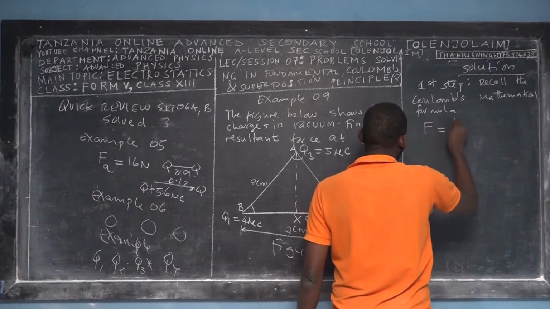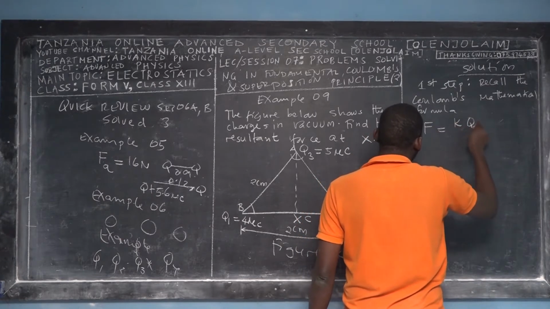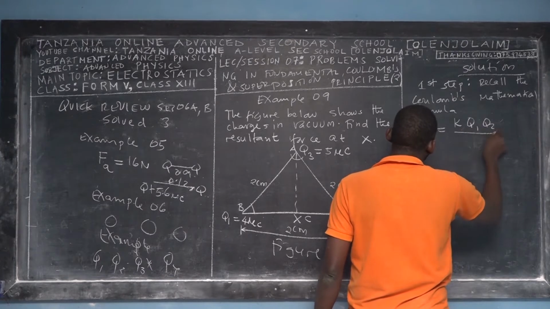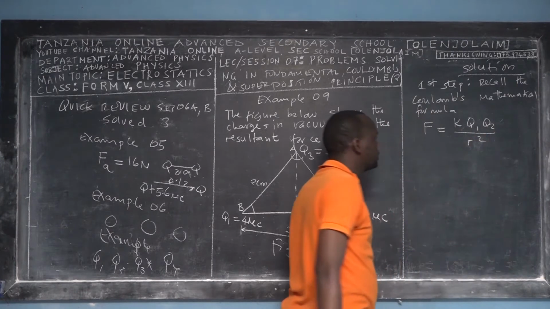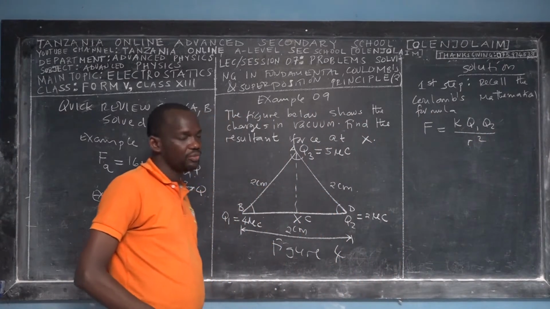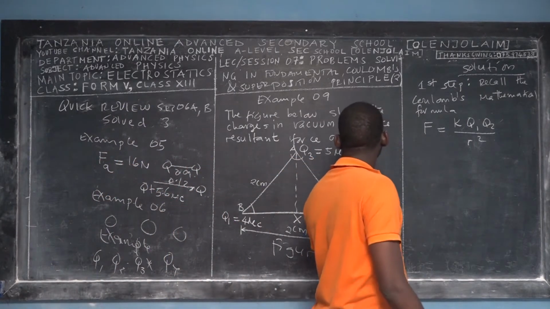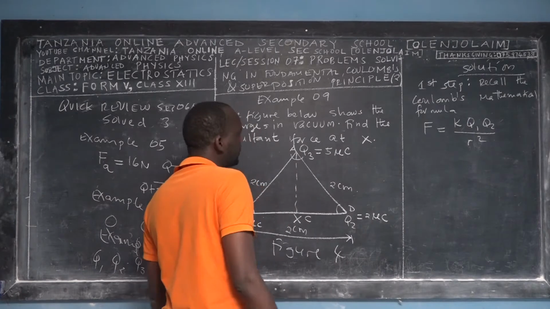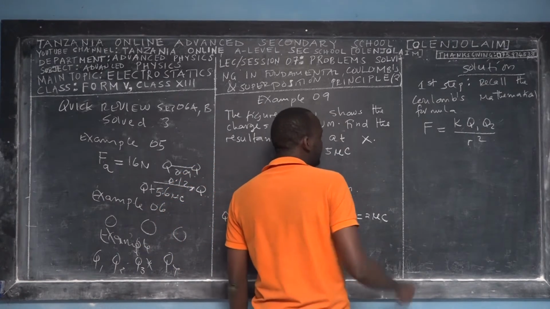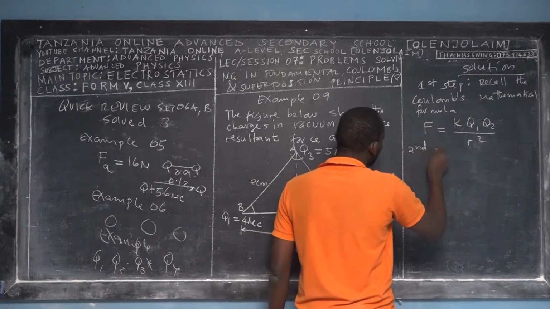Force of attraction is equal to the proportionality constant K times Q1 Q2 over r squared. The medium is free space, so we have the permittivity of free space.